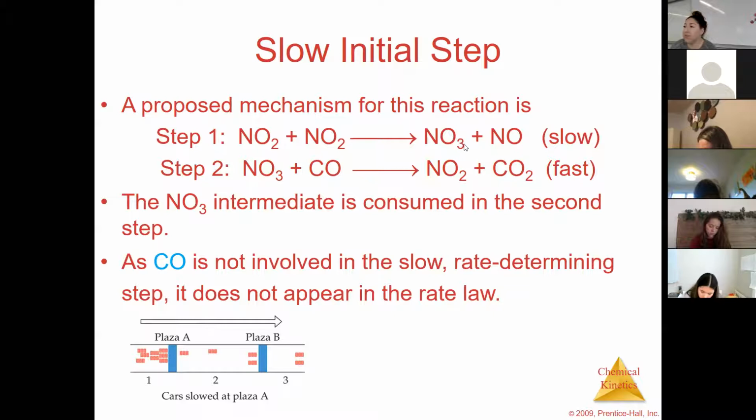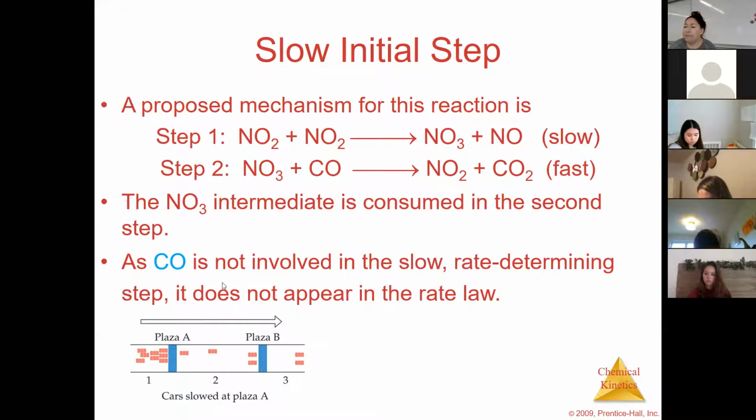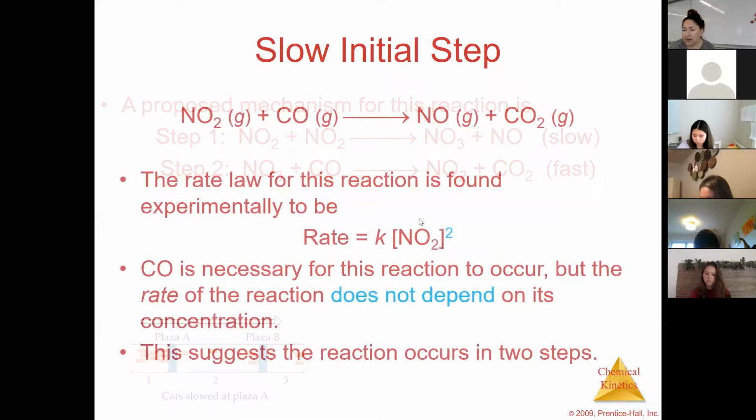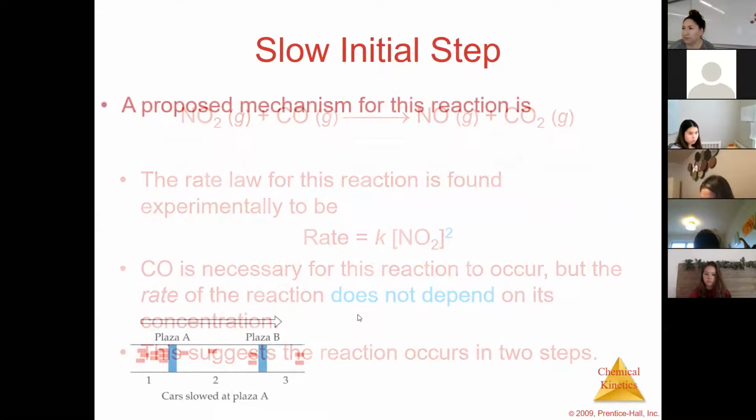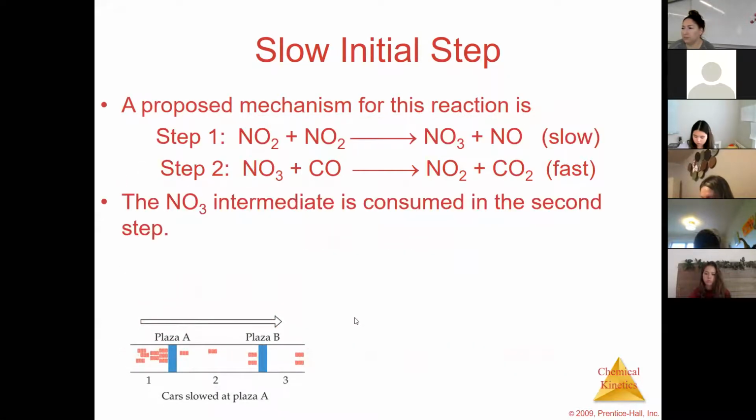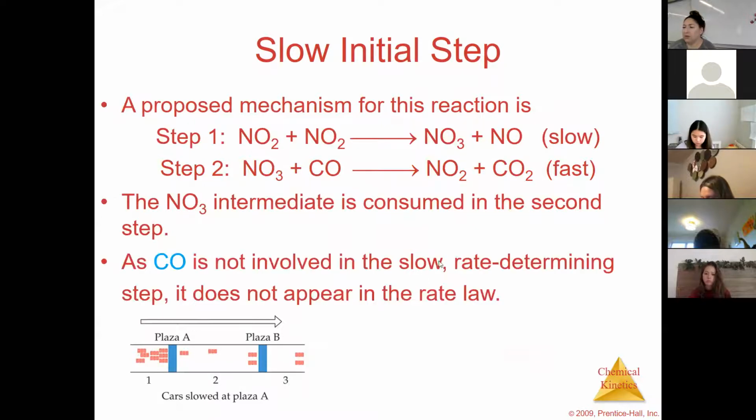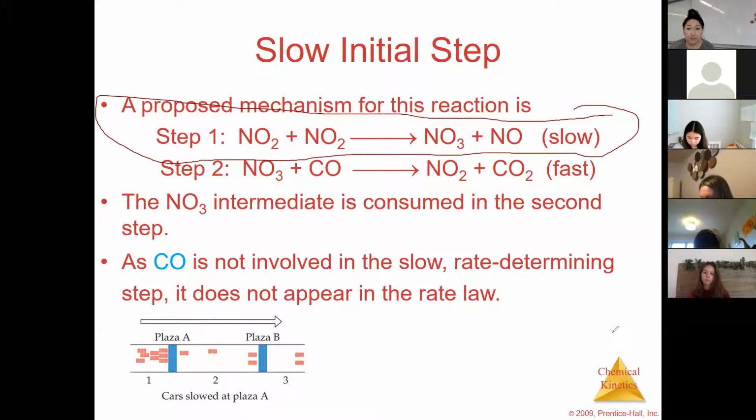So you need to make the NO3 so that the CO can react with it. But the CO wasn't in our rate law, right? Here it is right here, NO2 squared. And that's because this one's our slowest step. So our rate is actually just dependent on this step.